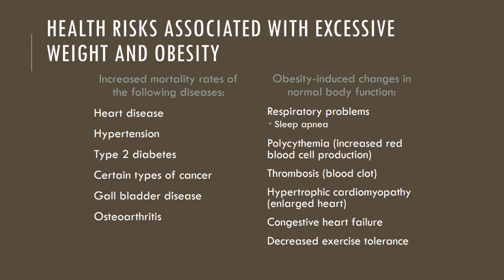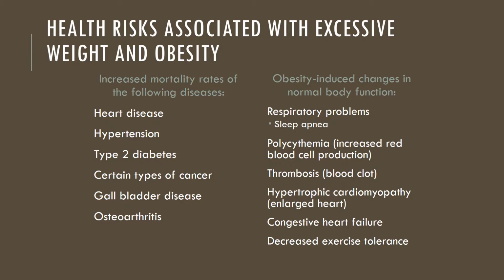Polycythemia. It basically means your blood becomes thicker or more viscous. This is because your body increases red blood cell production. And we know that red blood cells carry oxygen, so that may sound like a good thing.